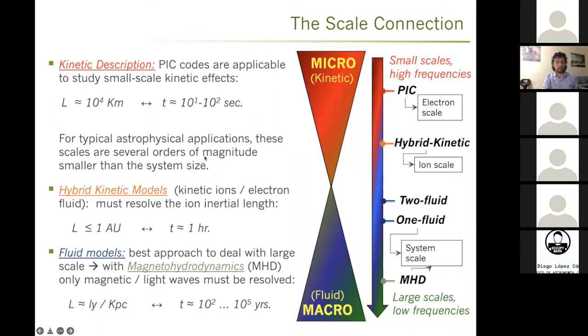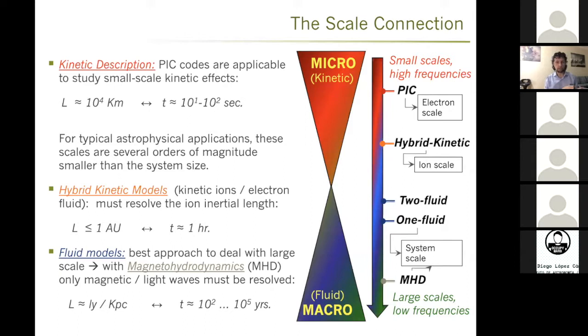Now, if you are not satisfied with this, because the scales you want to model are much larger, then you need to move on to either hybrid kinetic or fluid models. Hybrid kinetic models are in between, because the electrons are modeled as a neutralizing fluid, and ions are solved using a particle approach.